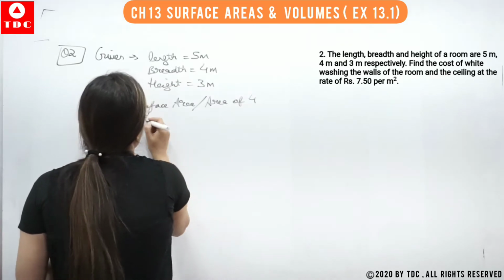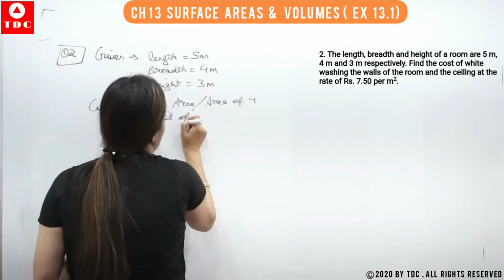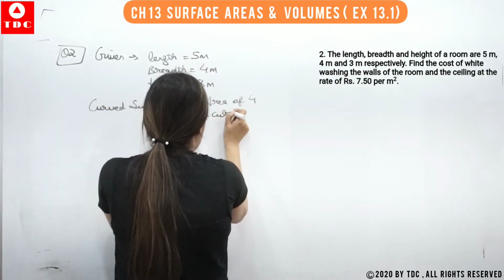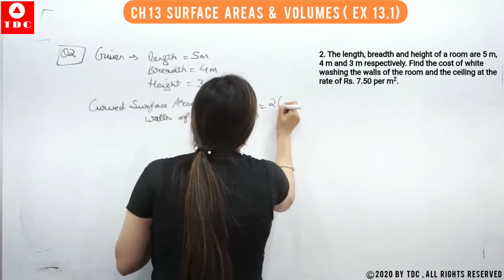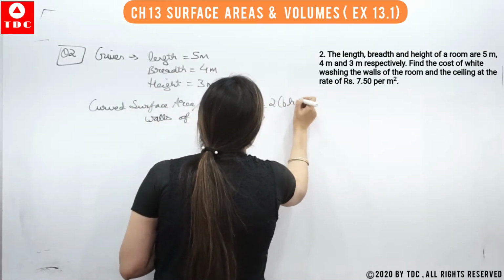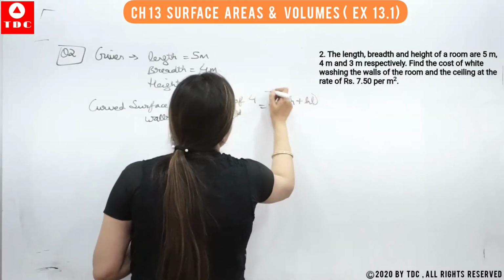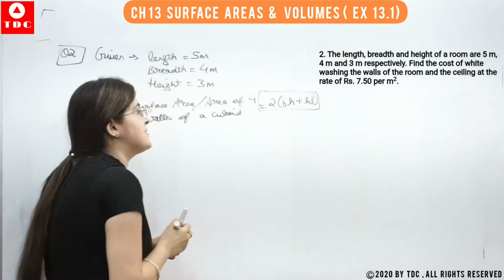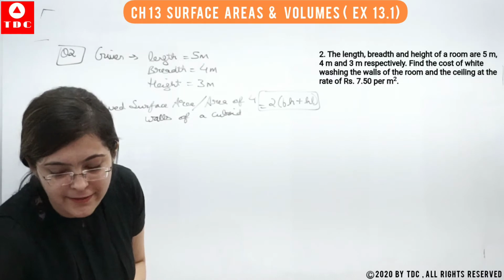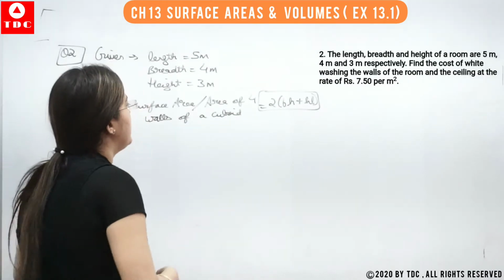Area of 4 walls of a cuboid. The formula will be 2(B+L)H. Okay, this is the formula. Let's put the values here.